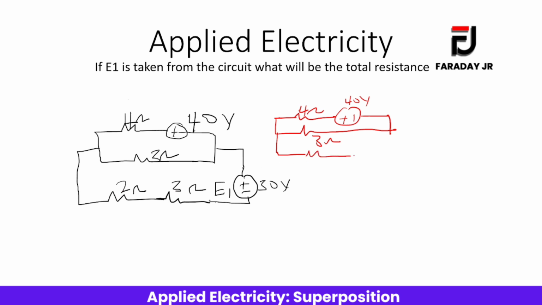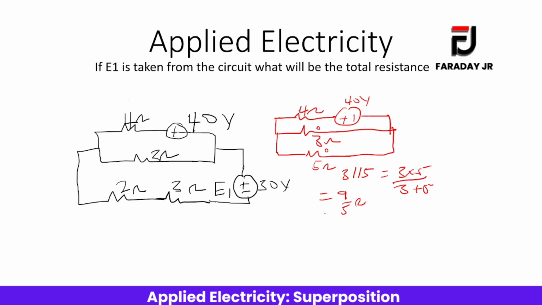So the resultant resistance will now be equal to 5 ohms, right? So this 5 ohms will now be in parallel with what? This. So we have 3 parallel 5, which is the same as what? 3 times 5, put that over a sum, all over 3 plus 5, which will give us a resulting value of 9 on 5 ohms.